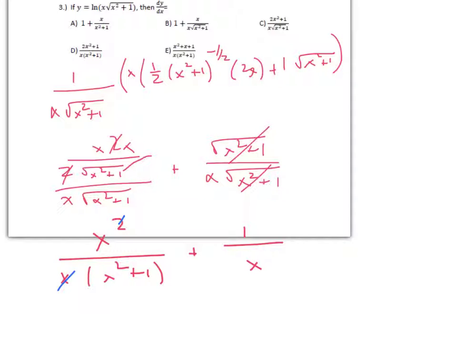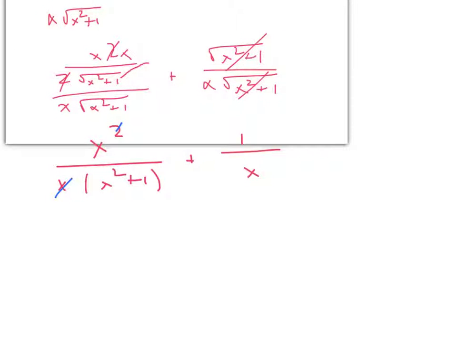So that leaves us with x over x squared plus 1 over x.